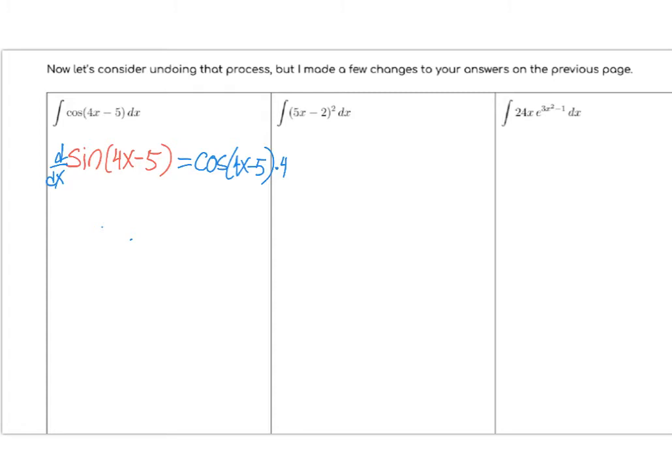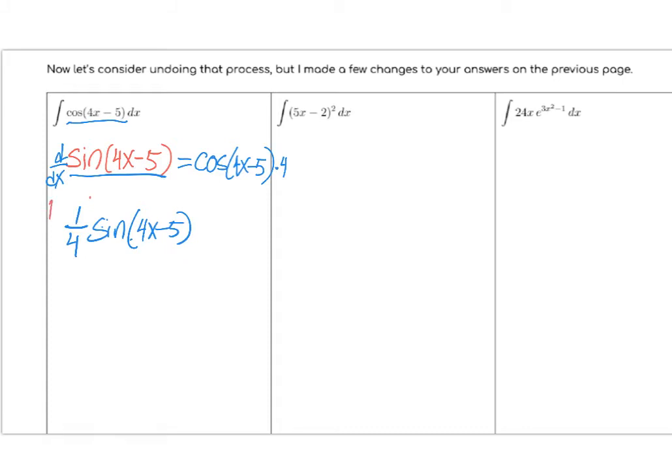Our goal is to figure out how we can change this function so that we get cosine of 4x minus 5 instead of cosine of 4x minus 5 times 4. And the answer for that might be dividing this whole thing by 4. So I'm going to rewrite that as 1/4 sine of 4x minus 5.